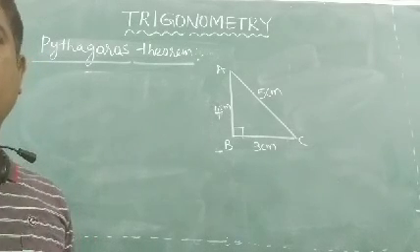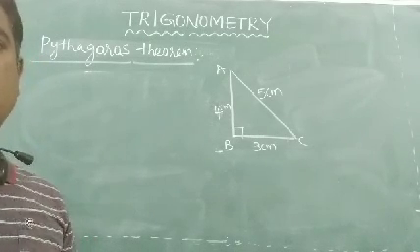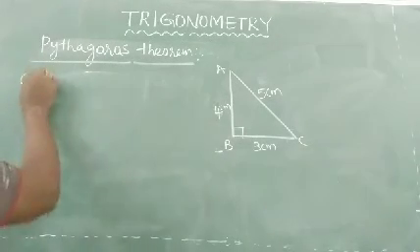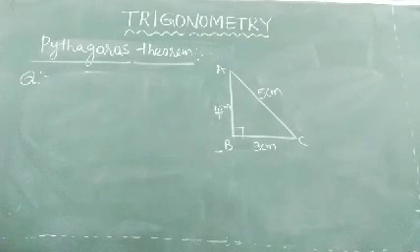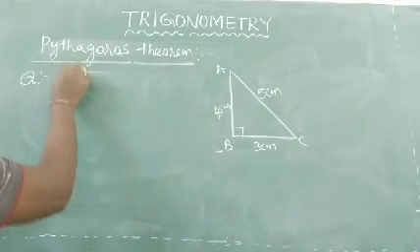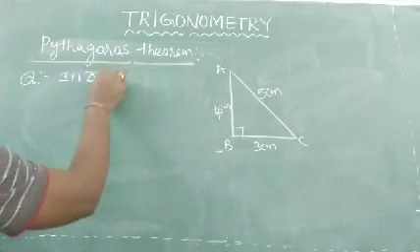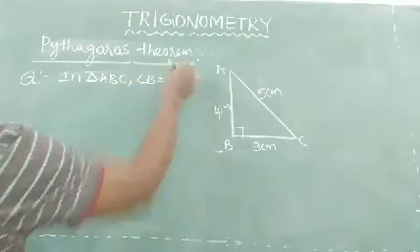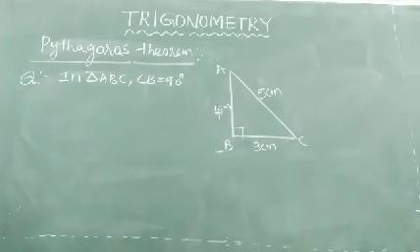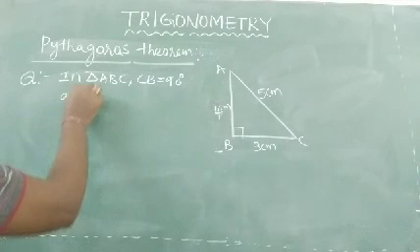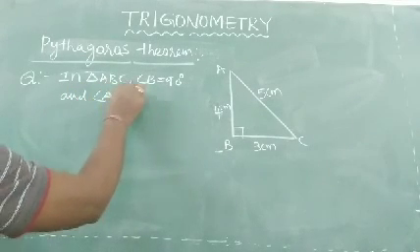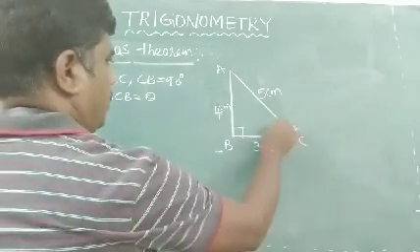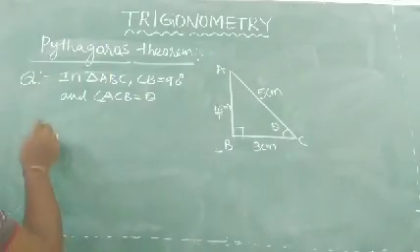Now let's see one example sum on this concept. Here one question is given. In triangle ABC, angle B equals 90 degrees, right angle at B. One angle is given, that is angle ACB, whose value is theta.